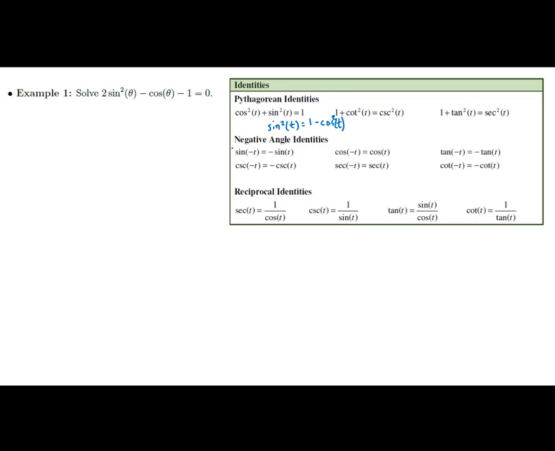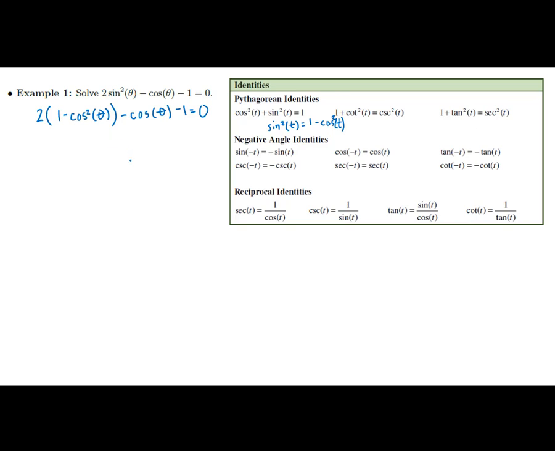So that right there is our ticket to, instead of having an equation that's got sines and cosines, allow me to write this equation so that it has only cosines involved. So this will be 2 times, instead of sine squared, 1 minus cosine squared, and then there's the rest of it, cosine theta minus 1.